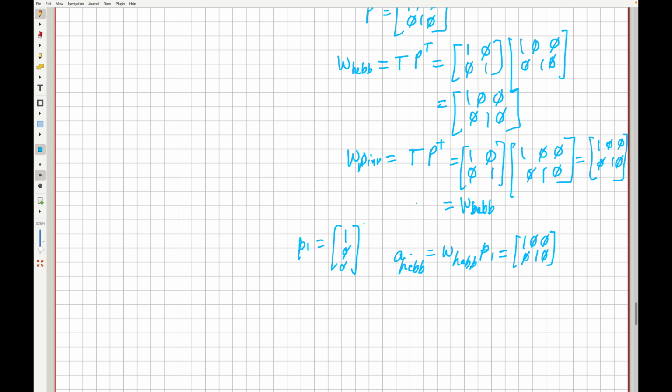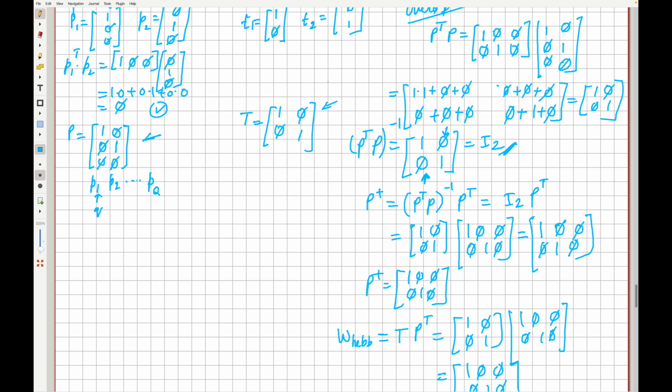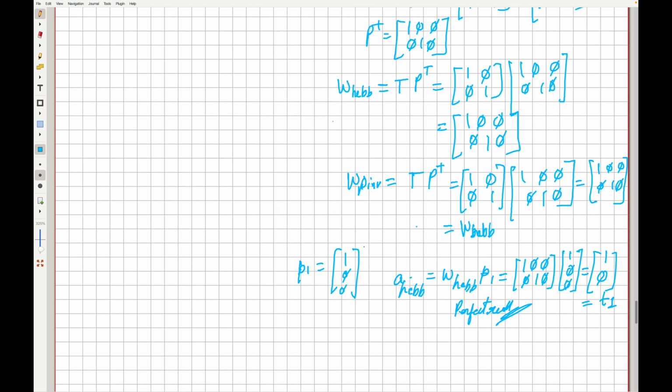We dot that with P1, which is 1 0 0, and what we get in the output is 1, and then the second one would be 0. So this is equal to T1, and that's a perfect recall, a perfect match with the target, because above we see that the T1 is 1 0.